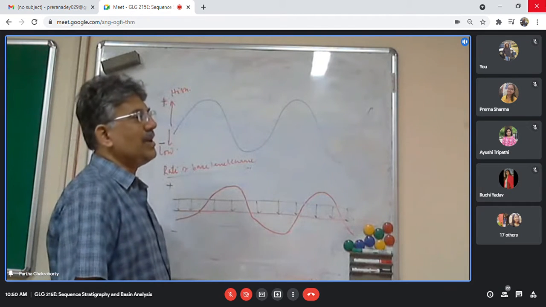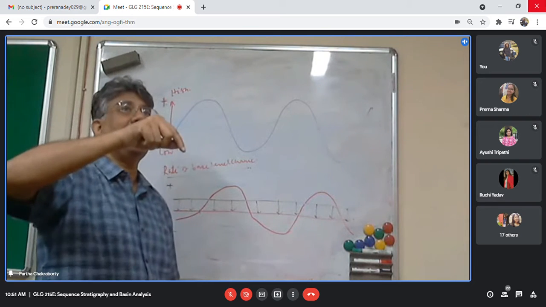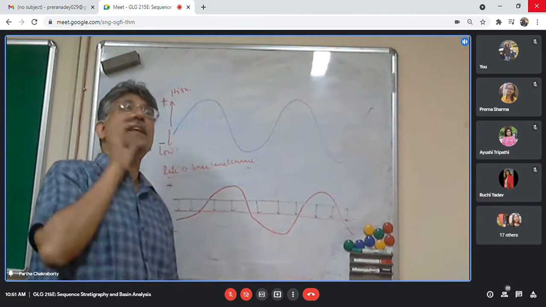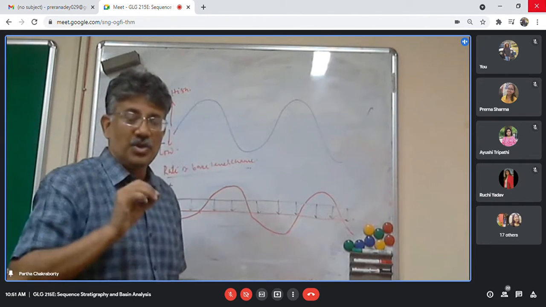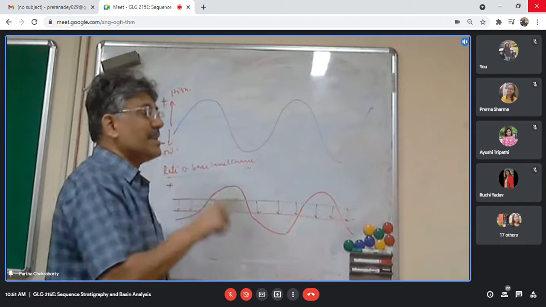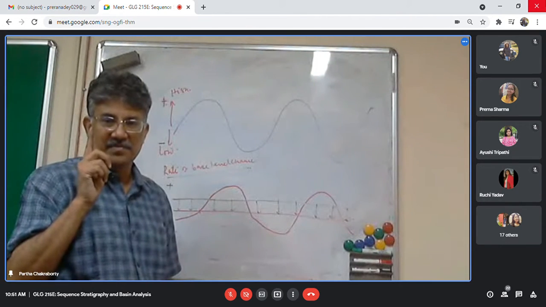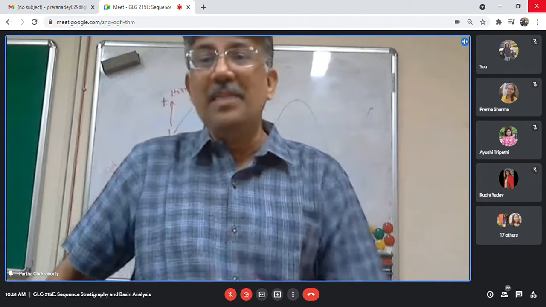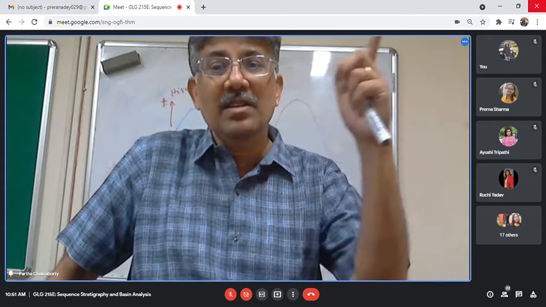Sinusoidal base level change is not exactly a reflection of transgression and regression, but it is very closely following the transgression regression. Why am I saying this? What is the definition of transgression? It is the migration of shoreline landward.